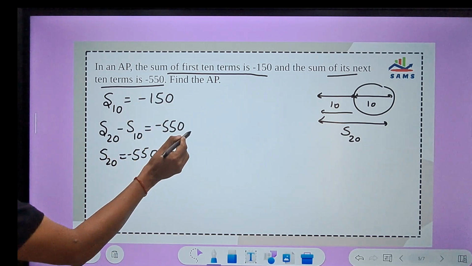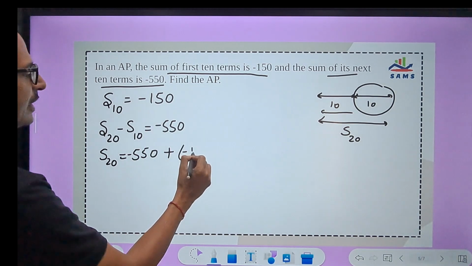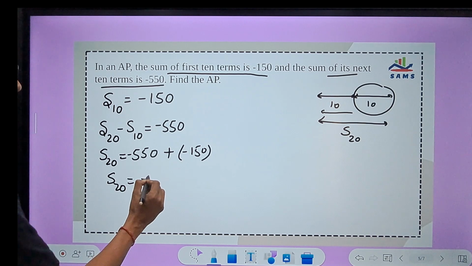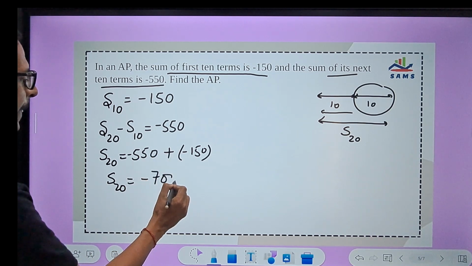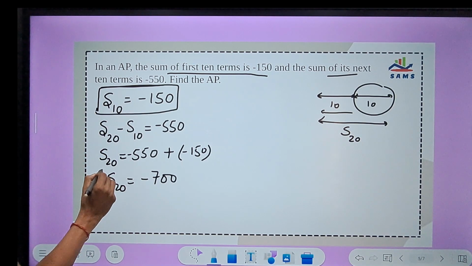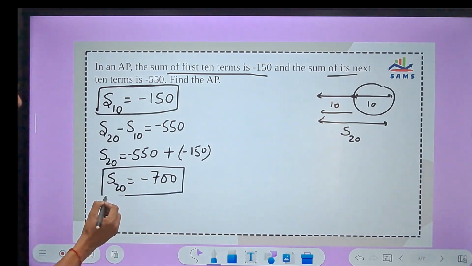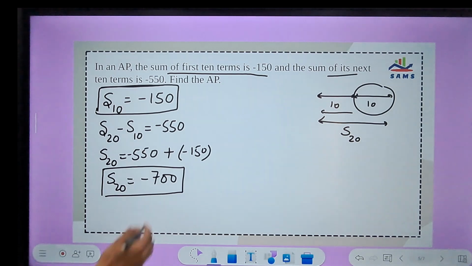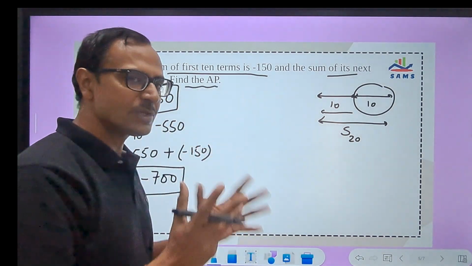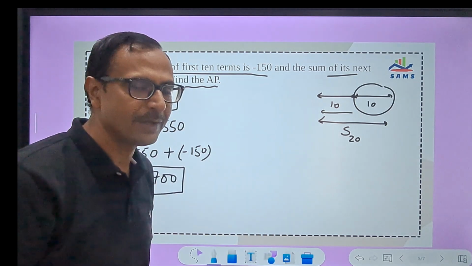So plus S10 means S10 is minus 150, and therefore S20 is minus 700. Now using this statement that S10 is minus 150 and S20 is minus 700, I can find the AP by formulating two equations. So I'll formulate the equations for you and then I'll ask you to do it and post your comments here, okay?